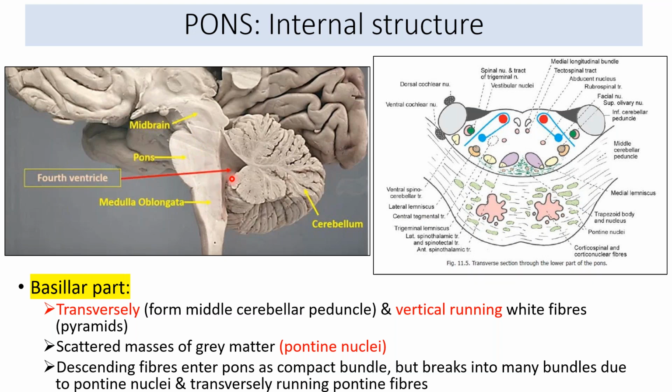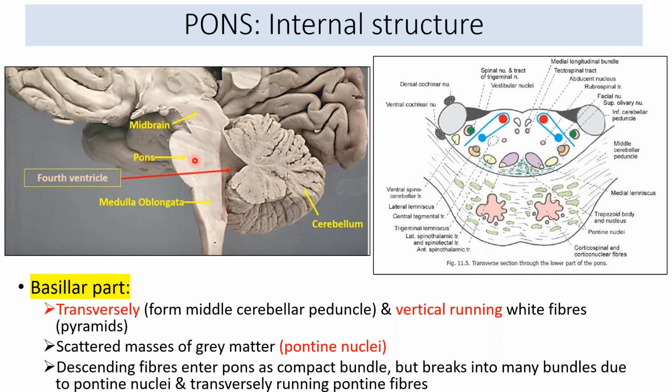And these descending fibers which are entering into the pons, in the midbrain they were a compact bundle, remember, from the crus cerebri. This is the tectum part of the midbrain, and this is the ventral part of the midbrain, called the crus cerebri or the cerebral peduncle. They were passing through the middle portion of the cerebral peduncle as a compact bundle.